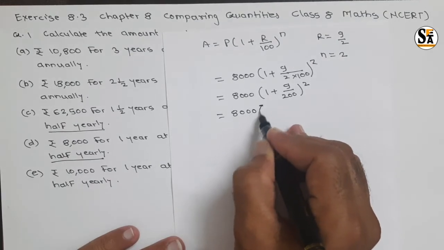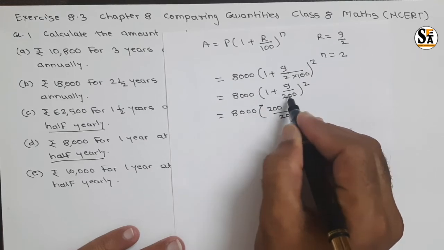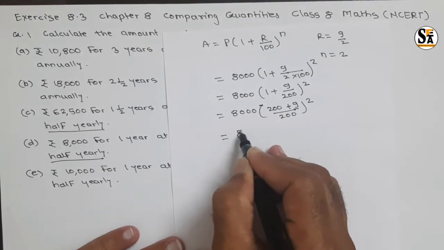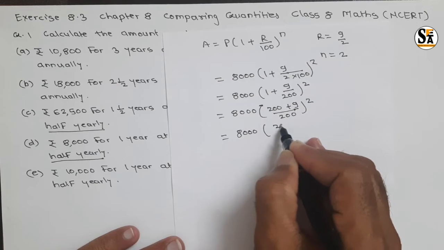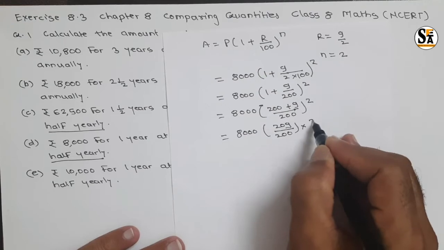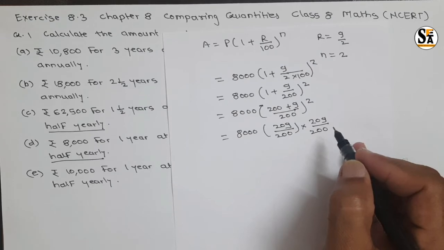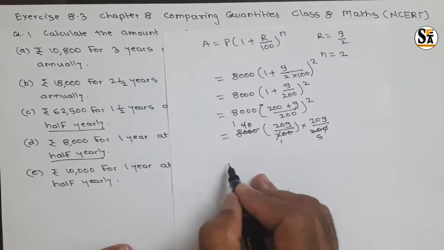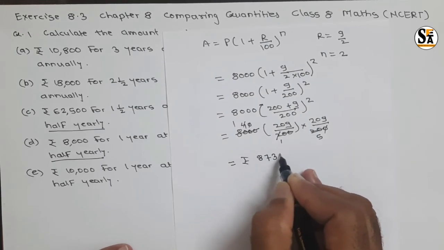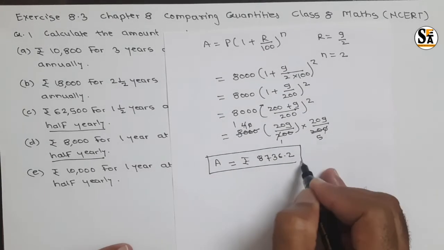Take 200 common, 200 plus 9, so 8,000 into 209 divided by 200 raised to 2, means multiply this term 2 times, 209 divided by 200. If we solve this, we get rupees 8,736.2. This is the total amount. This is our first answer.